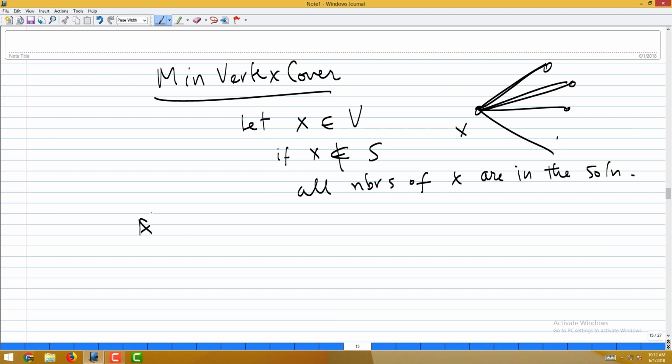So, the algorithm. Let me write it pretty informally. Take x, some vertex that is not isolated.